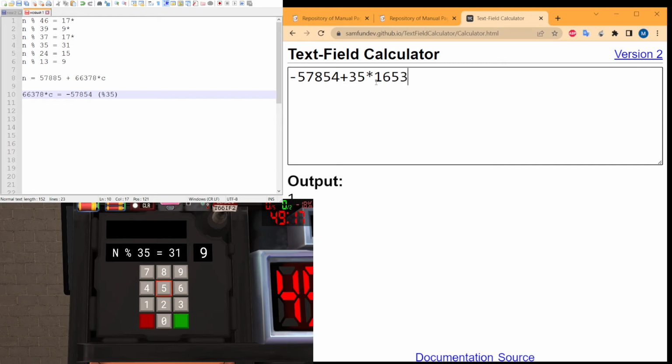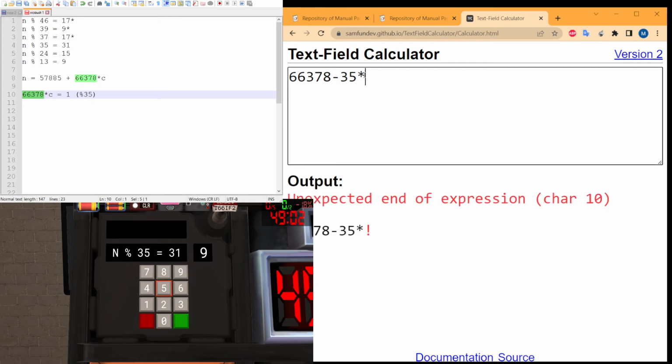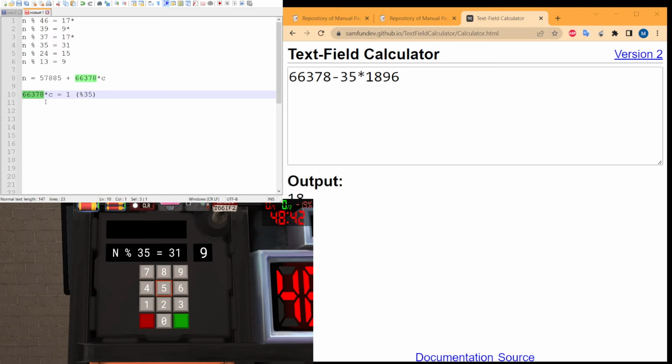It's going to be 1, and then from this number trying to make it as low as possible, so it's going to be 18.